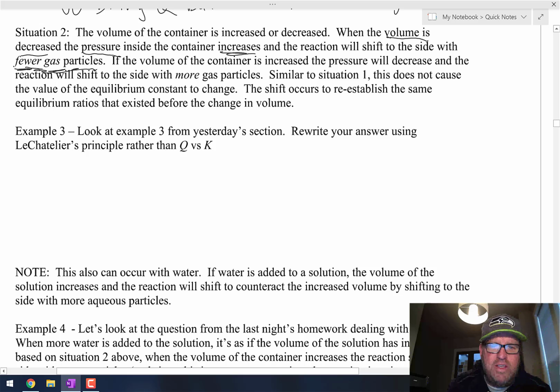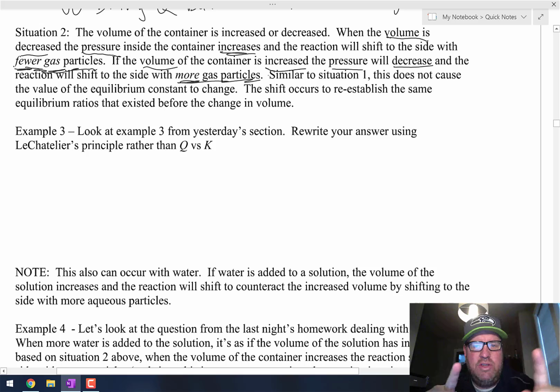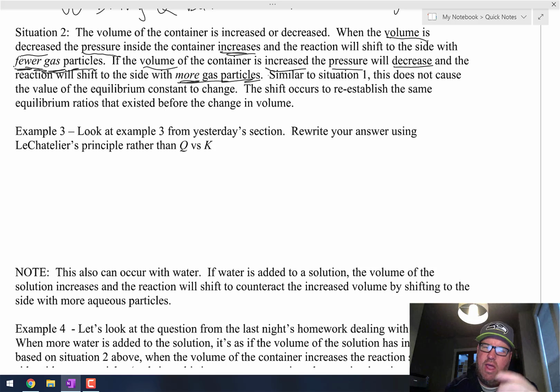If the volume of the container is increased, the pressure decreases, and then it shifts to the side with more gas particles. Again, similar to situation number 1, the value of the equilibrium constant doesn't change. So by changing the volume, the container has to reestablish equilibrium, and so the reaction is going to shift to the left or shift to the right, depending on which side has more or less gas particles.